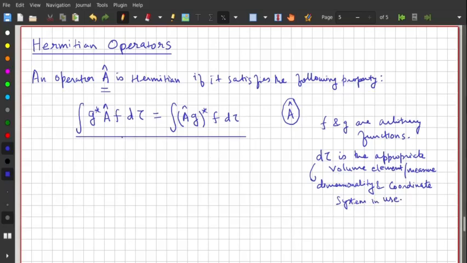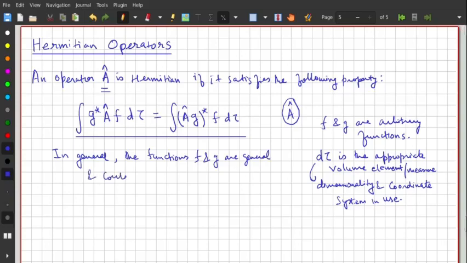Remember here, in general, the functions f and g are general and could be complex functions.